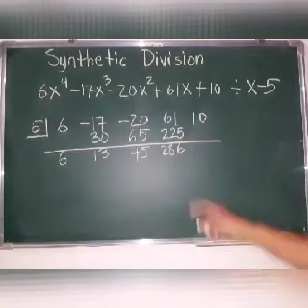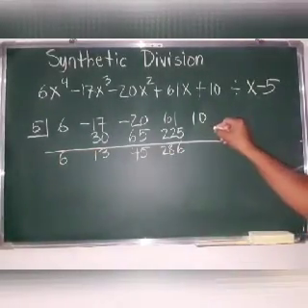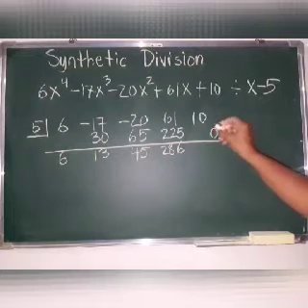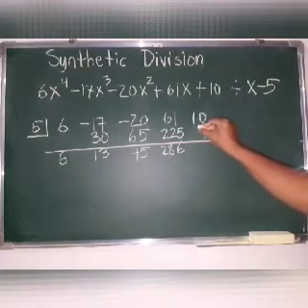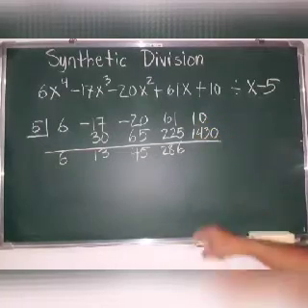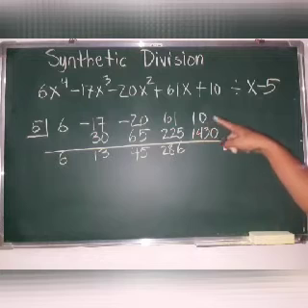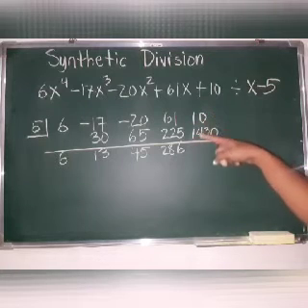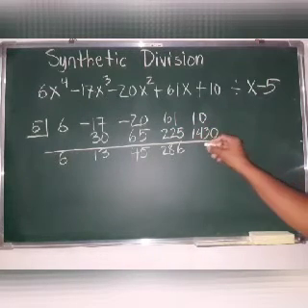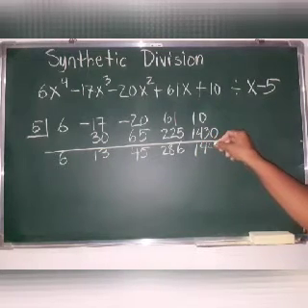Next, 286 times 5, we have 1,430. And plus 10, they have the same sign. So, 10 plus 1,430, we have 1,440.